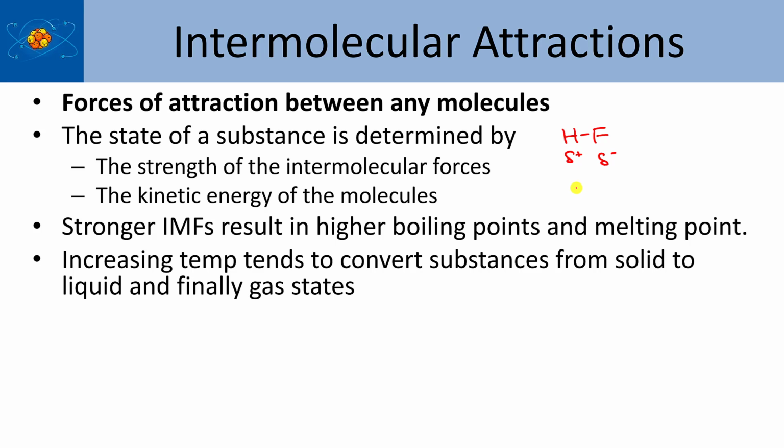If you think about the dipole being written like this, and I bring a second HF molecule next to it like this, it's clear that this will repel because these are the positive ends. But the molecule will flip around and turn to face it like this, so that there's a force of attraction between the hydrogen of one molecule and the fluorine of the other.